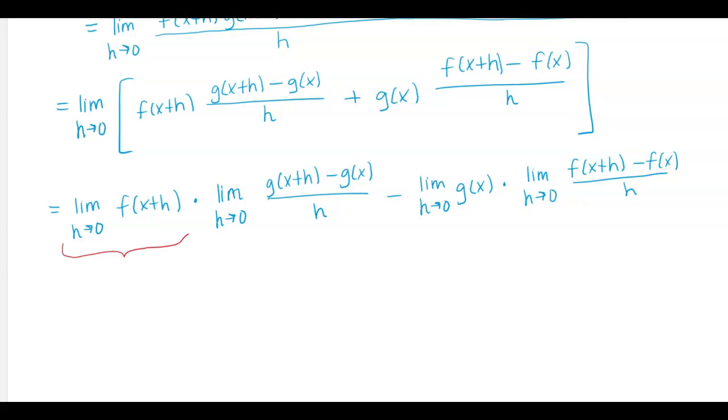This right here, if I plug h equals 0 in here, I'm just going to have f of x, right? And similarly here, this should be a plus. If I plug, there's no h involved, so this is just g of x.